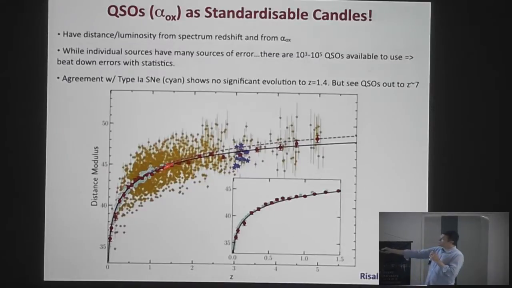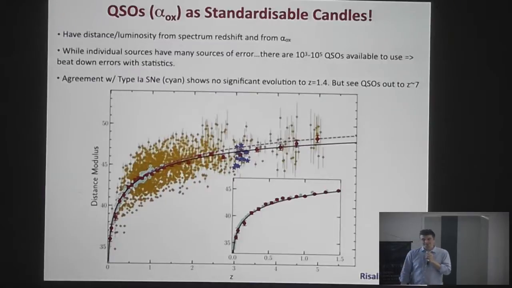And so you can beat down all of this noise with statistics. If you average these, you get this red point here. And you can already see that the red points are in pretty good agreement with the standard model, and in very good agreement with the supernova, which only go out to redshift 1.4.